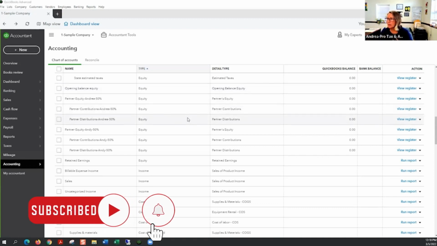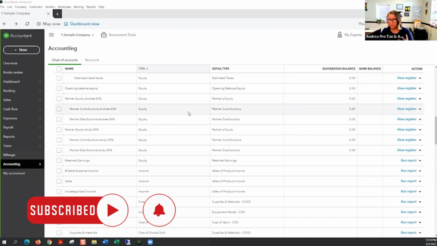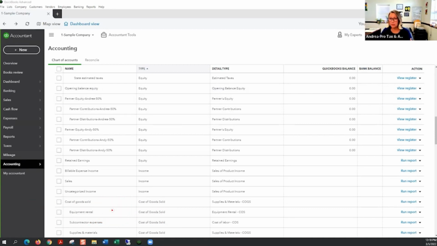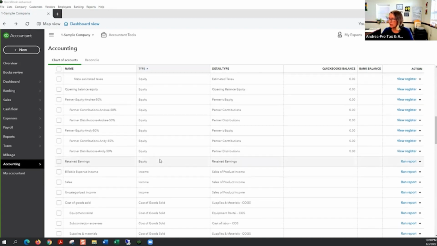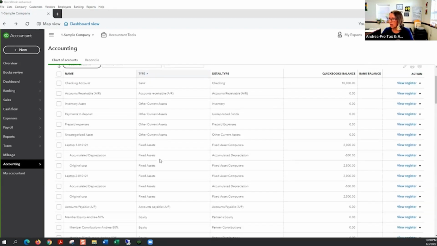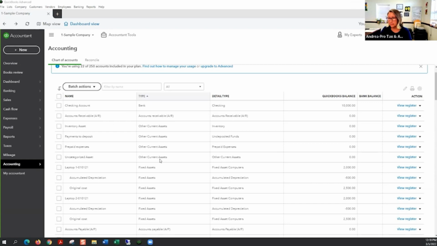What we're looking at here in my QuickBooks account is the chart of accounts. For those of you who are unfamiliar, the chart of accounts is just a listing of the different account codes that expenses and income can be posted to. I just entered some very basic opening entries. This is a 2-partner partnership, 50-50 owners. Partner A is Andrea, partner B is Andy.